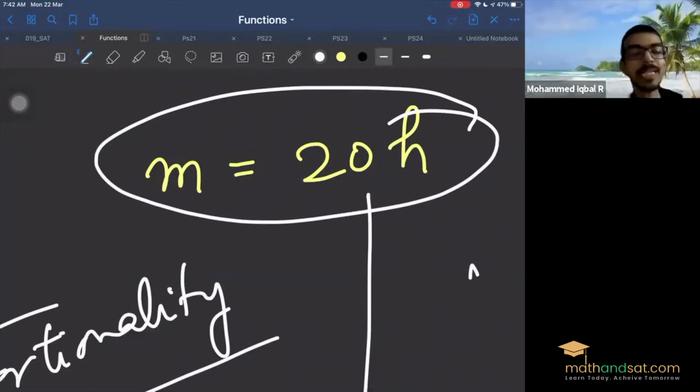If you know the answer, please tell me the answer. Otherwise, you just say, I don't know. Please give me an answer. If I draw the graph of m is equal to 20 times h, there will be something peculiar about the graph of this function.